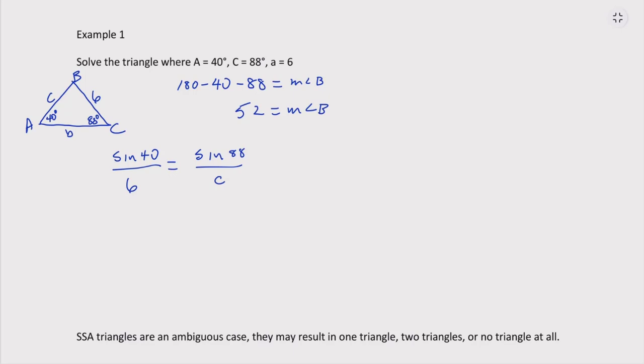Make sure your calculator is in degrees before you start doing any calculations, but we're going to do a cross product because these are proportions. So this would be 6 times the sine of 88 equals c times the sine of 40. And we will divide by the sine of 40.